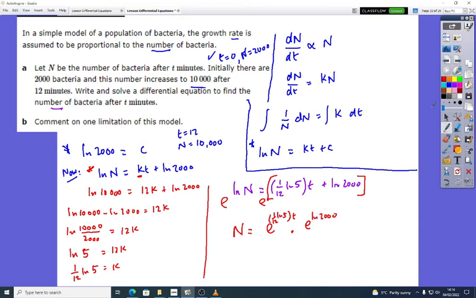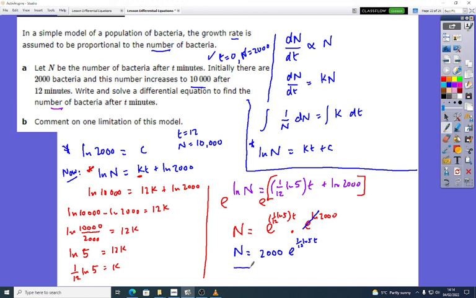Now note that I wrote that, you could jump straight into it and put the 2,000, but I wrote it there so you can see that will cancel each other. So you end with 2,000 times e to the power 1/12 ln of 5t.